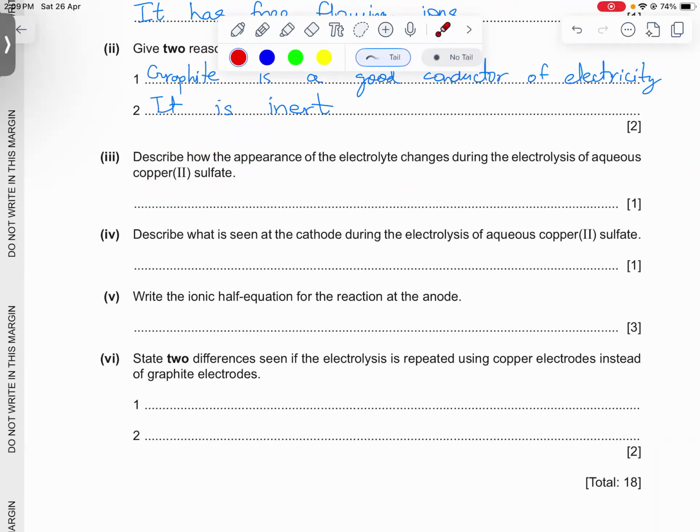If the copper ions are getting discharged and forming copper atoms, that means copper ions are decreasing in the solution. As the copper ions decrease, the blue color of the solution gradually fades, meaning it becomes lighter. Same thing, both ways.